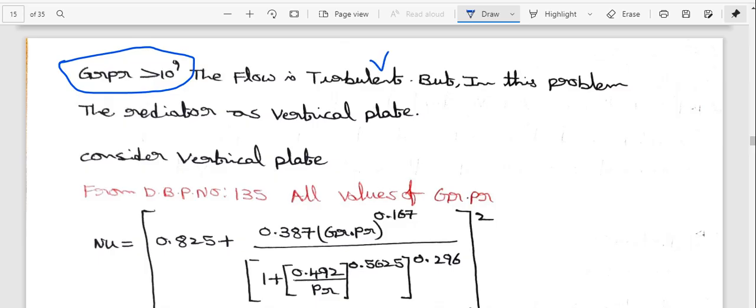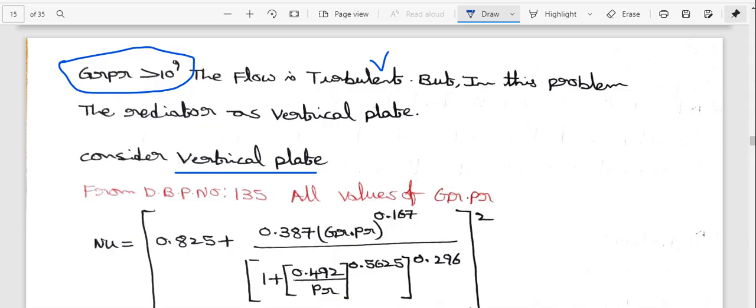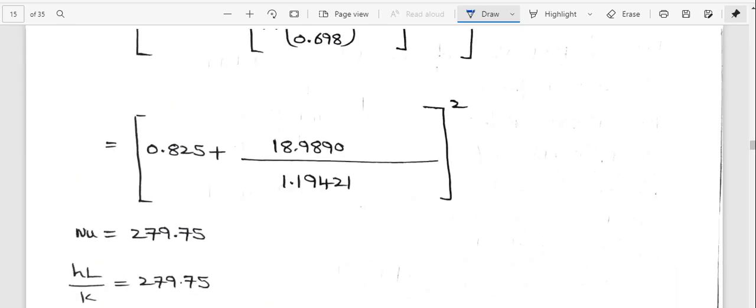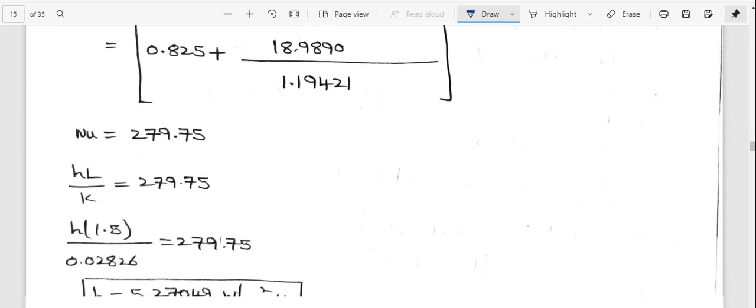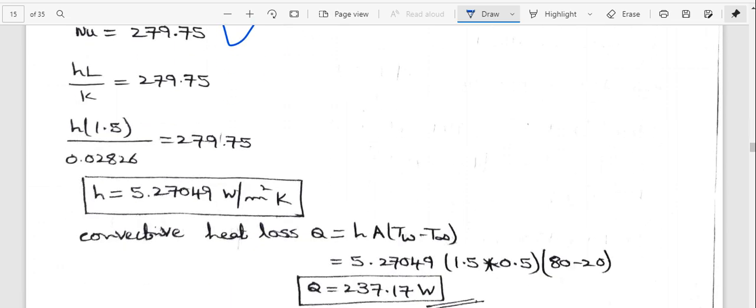That's why I am considering all values of GrPr. We substitute the GrPr and Pr values like this. After substituting, the Nusselt number is 273.75, and from hL by K, substituting the L value and K value, the convective heat transfer coefficient is 5.27047.